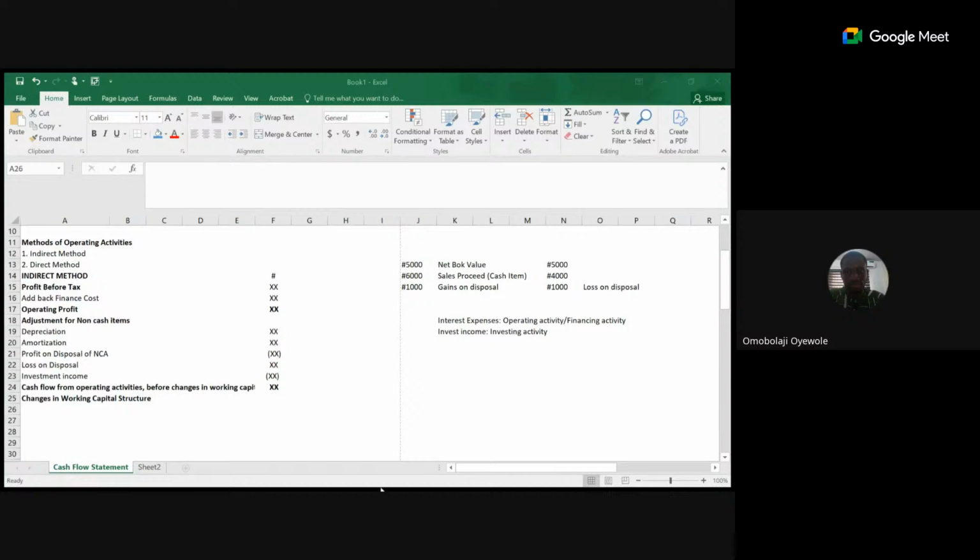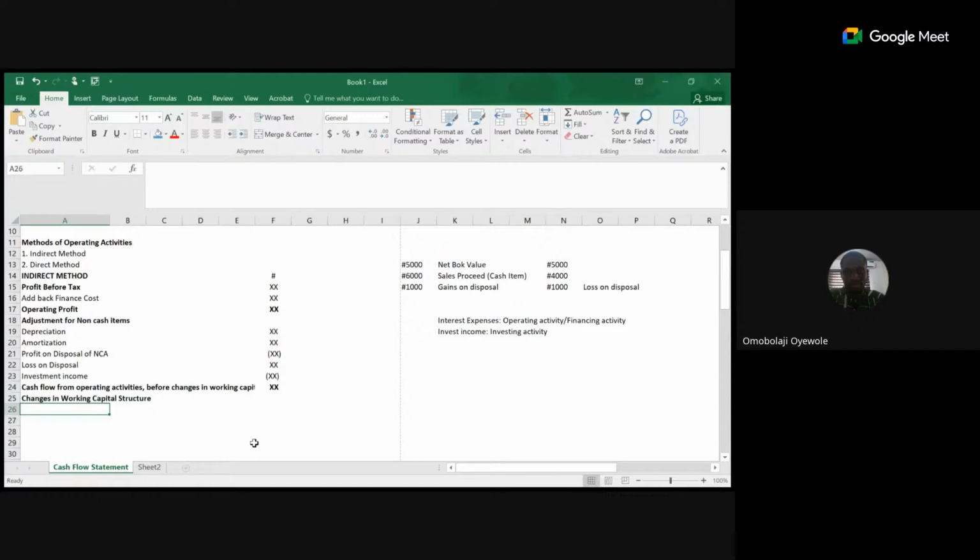So let's continue. The next thing, like I said, is the changes in working capital structure. Now, the question is, why do we have to bring in changes in working capital structure? First, what is working capital? Working capital, from an accounting point of view, is the money you have to run the day-to-day administration of the business.